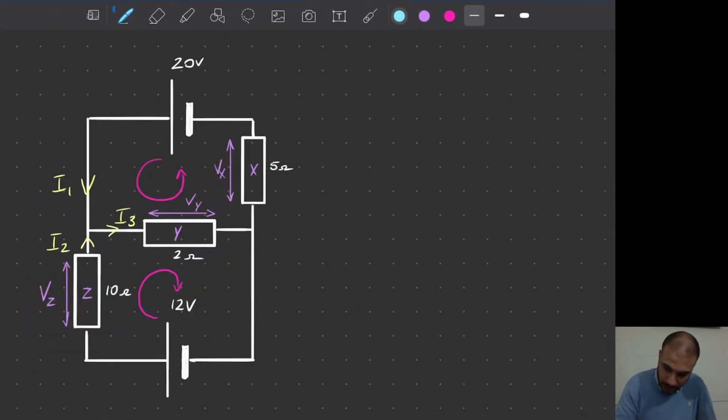So we are going to do this, applying Kirchhoff's first law first, to a junction.